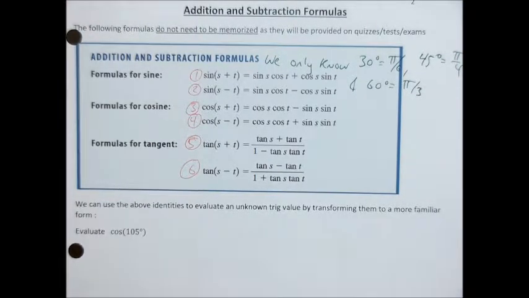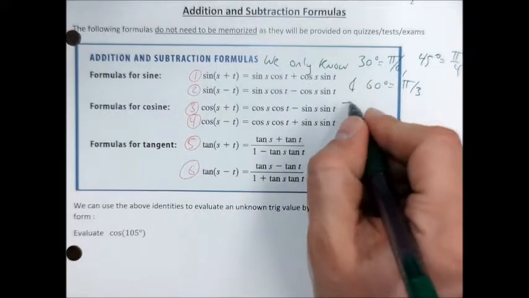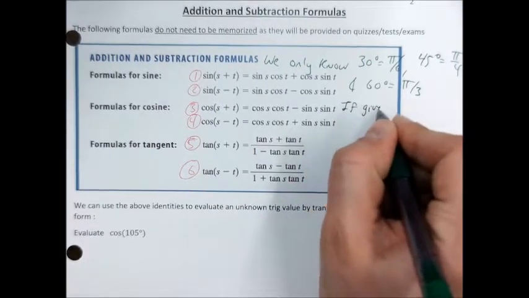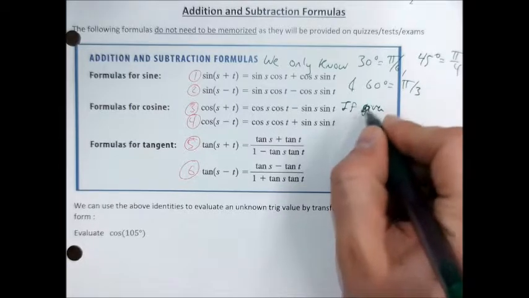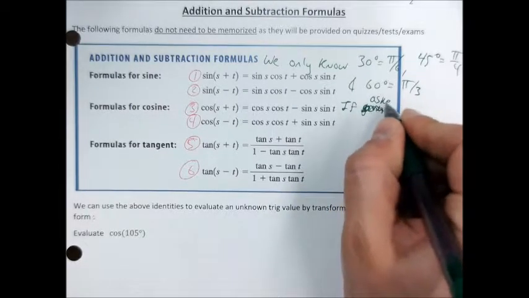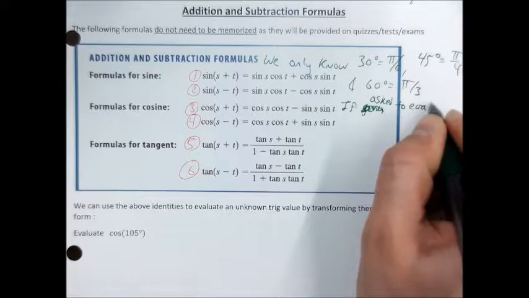And what I'm saying here is if we get something that's other than those 3, we can use one of these formulas or one of the formulas that are on the next couple pages to evaluate them.